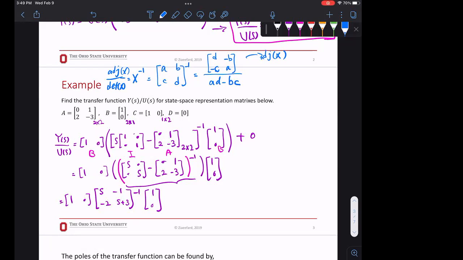So if you do that, you get 1 and 0, S plus 3, 1, 2, S, then divide by S times S plus 3, minus 2 times negative 1, multiplied by 1 and 0.